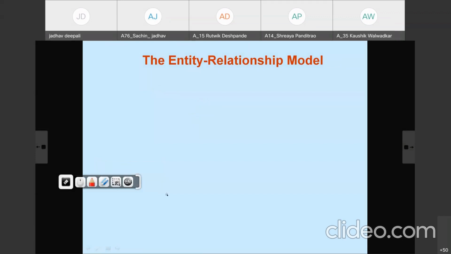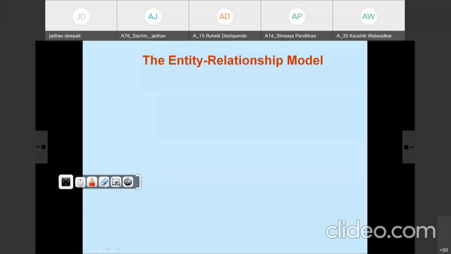So first, the ER model definition, the entity relationship model.